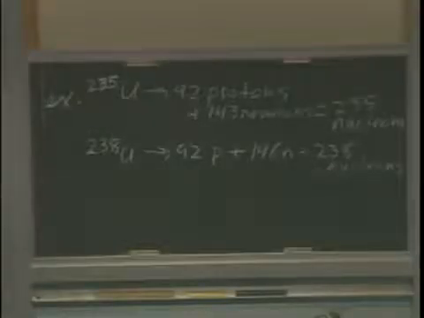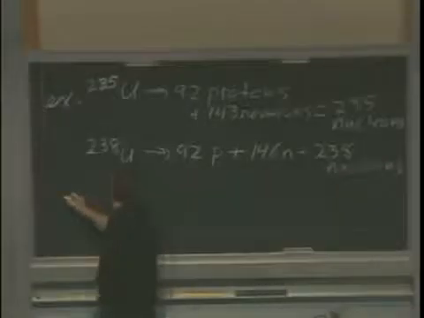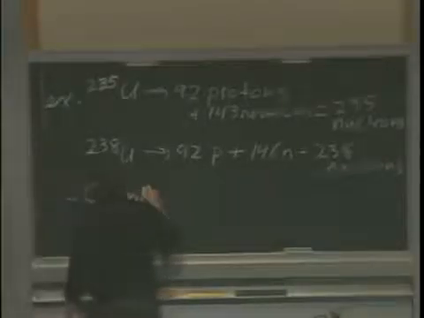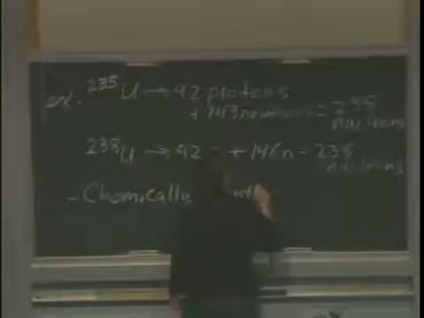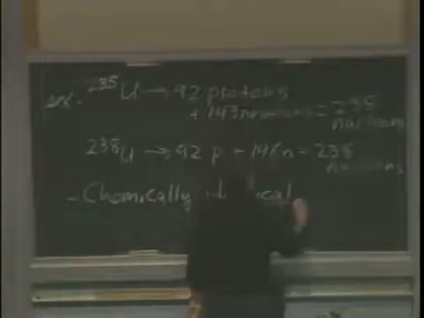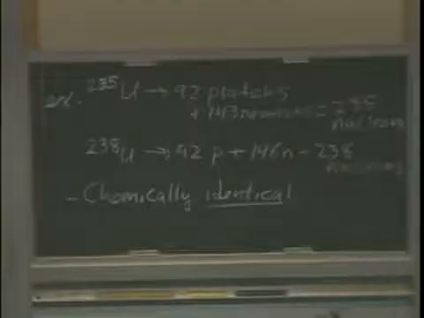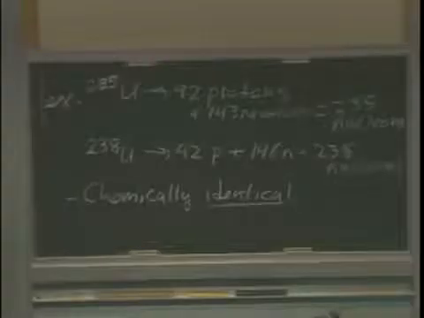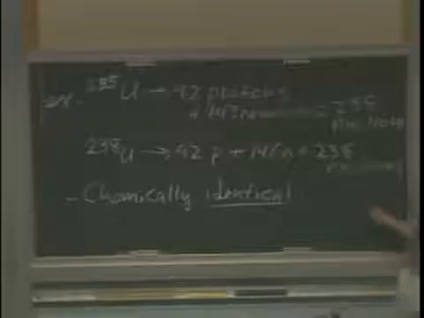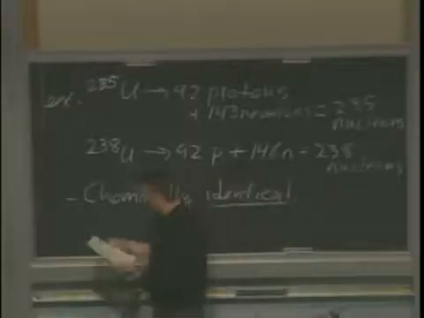Now, something very important about these two isotopes is that they are chemically identical. So if you put either of those isotopes into a chemical reaction, you're going to get the same reaction out independent of the isotope. That's because chemical reactions are determined primarily by the electrons, and these have identical electron structures on the outside.